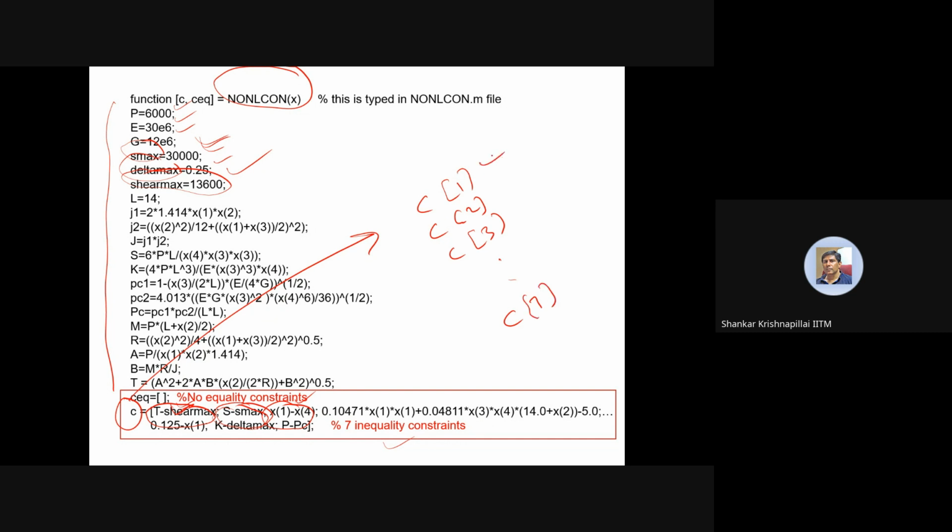C1 will contain the result of the first inequality constraint, C2 the result of the second inequality constraint, and C3 the result of the third inequality constraint. So all these values should be negative in the end. Otherwise, it is a constraint violation.